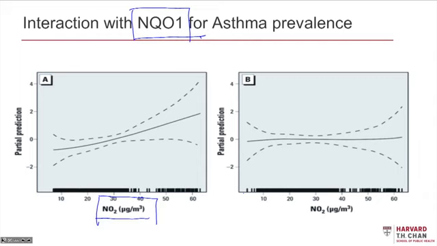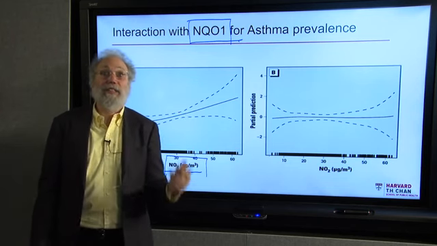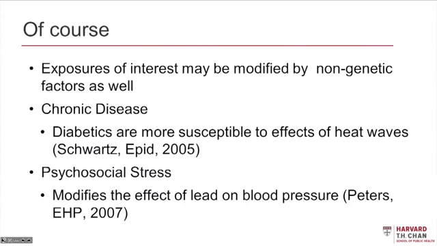So you've now learned something about the pathway by which your exposure has its influence. Okay, so that was just an example of genes, which are popular these days, but there are plenty of other things that modify the effect of the exposures we study on our outcomes.